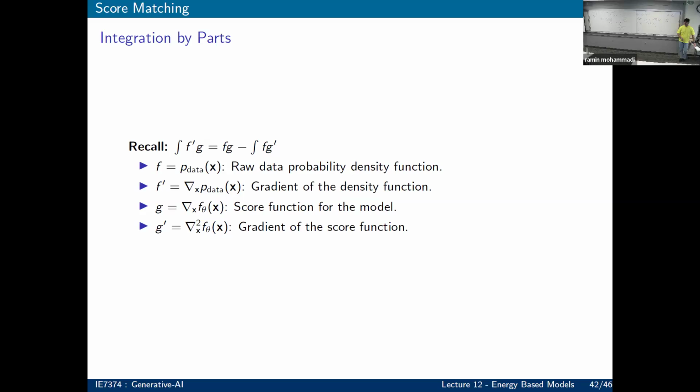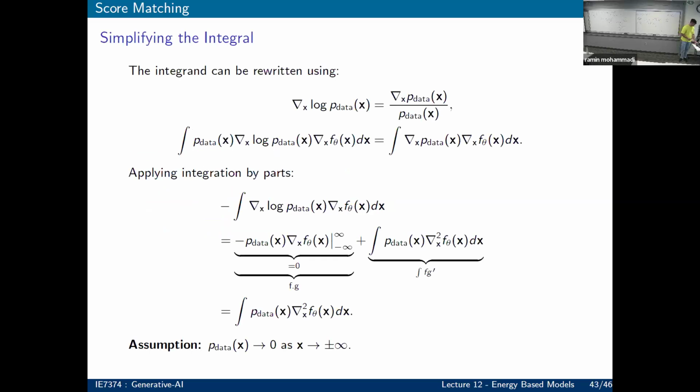Everyone good? All right. Now we want to apply that to the third term. This was the third term here. One thing here is that if you look at the second term within that term, it is the gradient of log P data x.